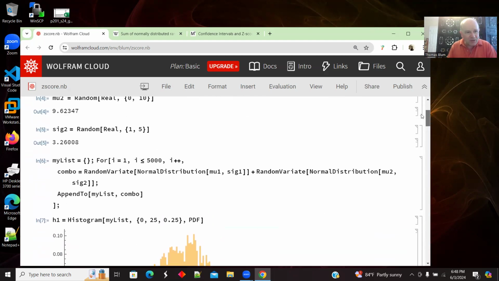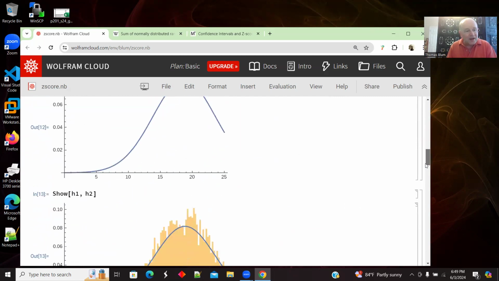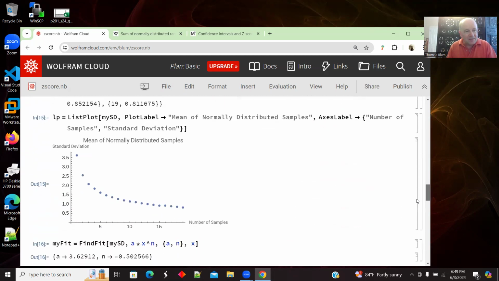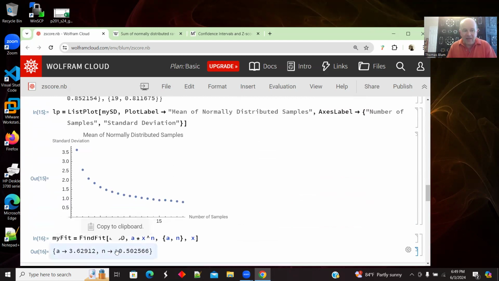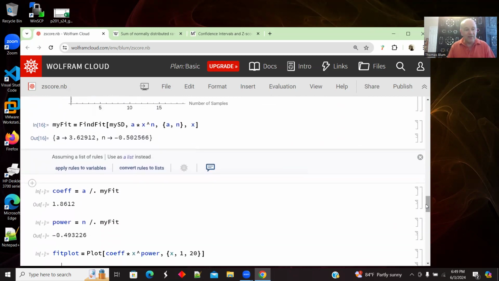So it's about the same. Up here in Out[3], my original sigma 1 was 3.6, and so I'm getting that back again. And then this power is the minus 1/2. And that's what I wanted to show. That's what I was interested in, that 1/2.